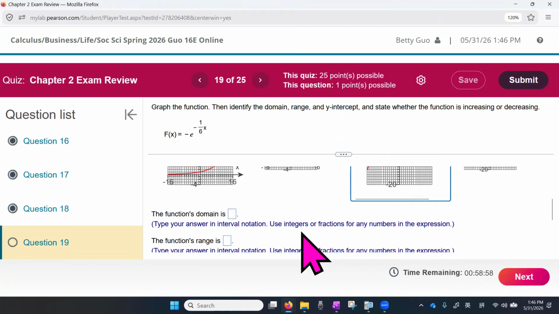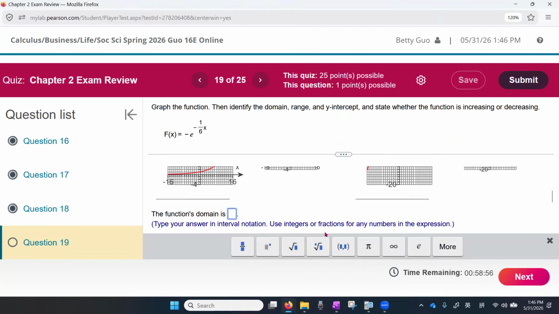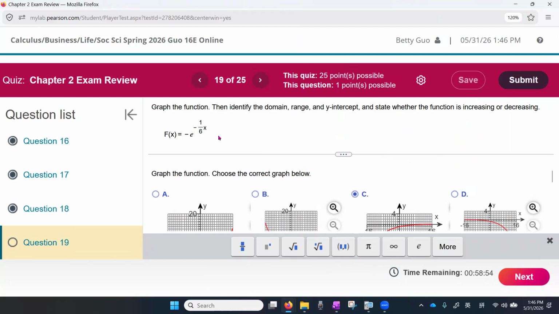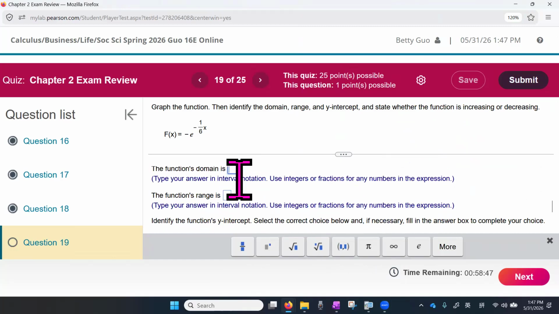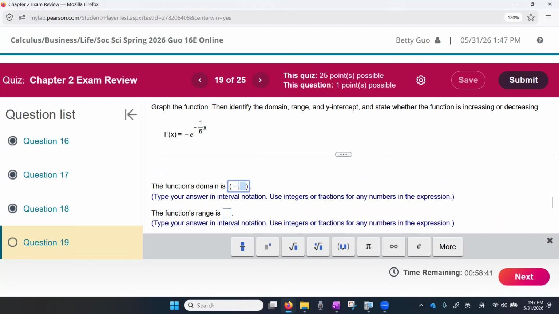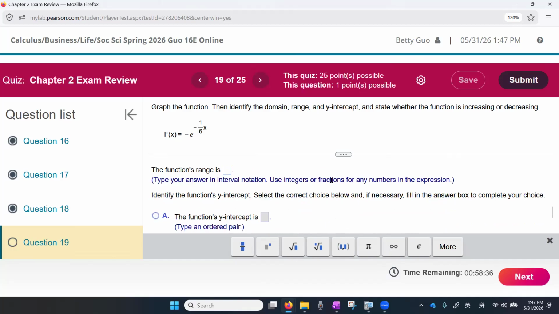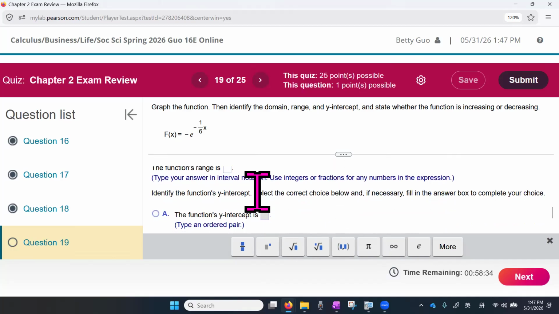The domain is all real. There's nothing to restrict the value of x here. x could assume any real number. Domain is negative infinity to positive infinity. What about the range?